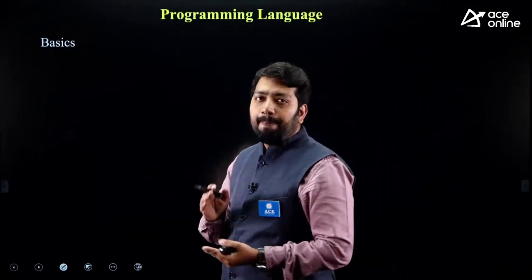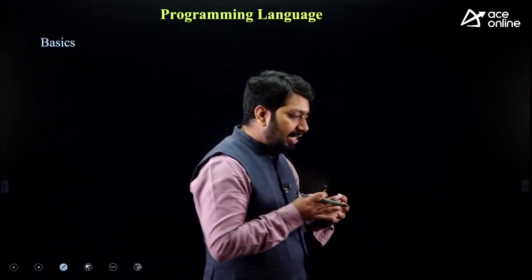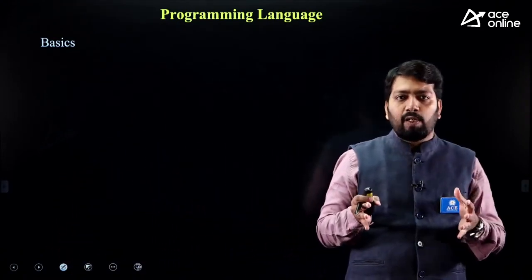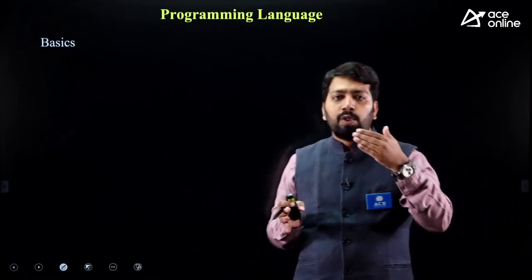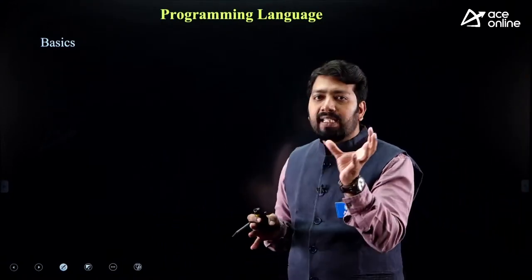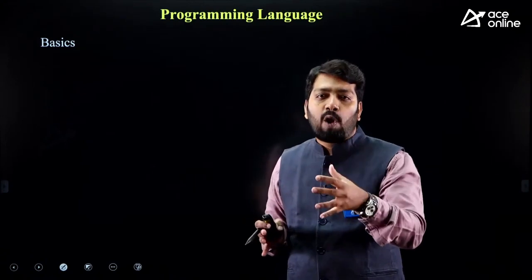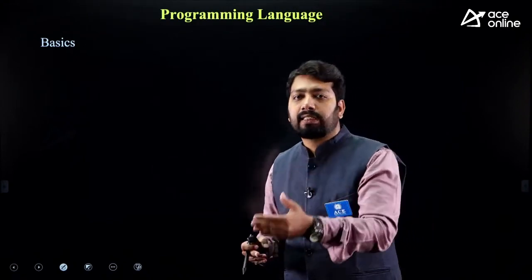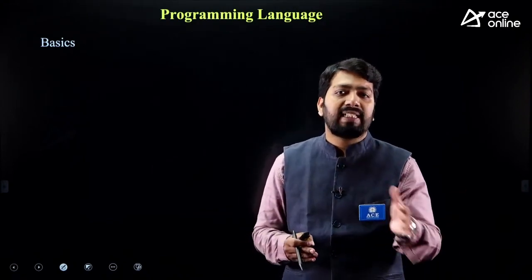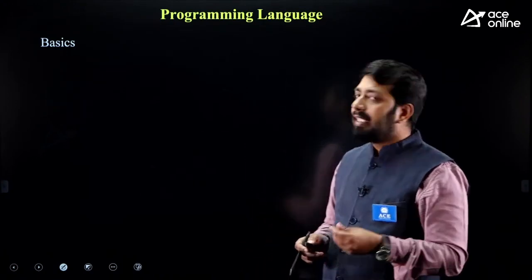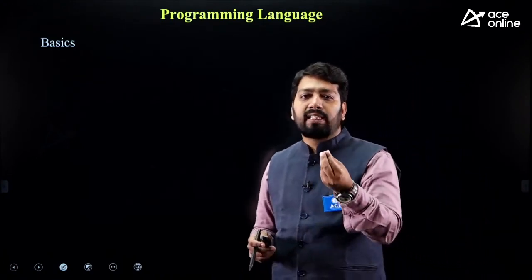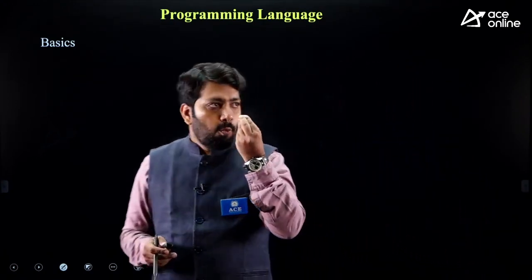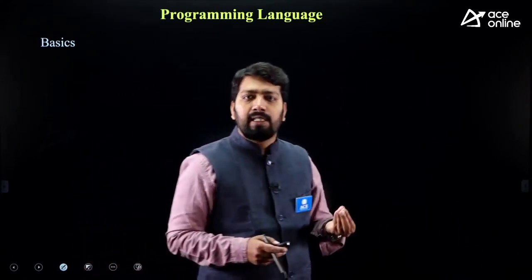Basics of C. Basics of C, or basics of any programming language, is itself a very huge term, because here they expect you to understand what C language is, how it evolved, and which category it comes from, like first generation programming language, second generation, structured programming language, third generation, fourth generation, etc. And what kind of variables we use, what the naming rules are, what keywords in C language are.